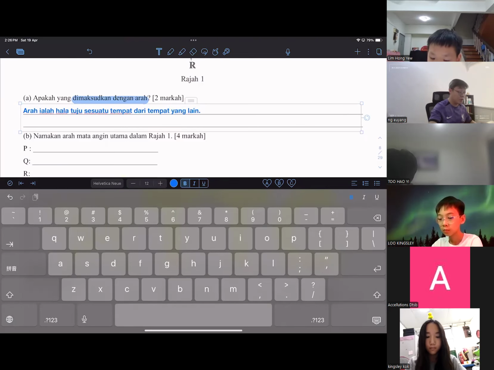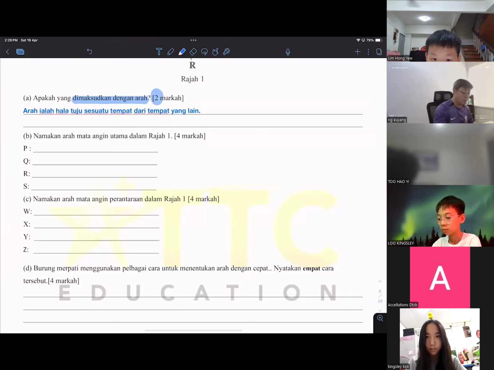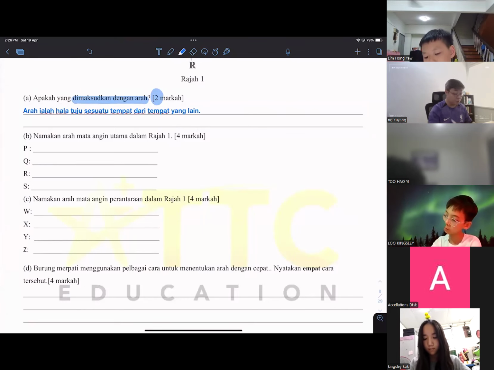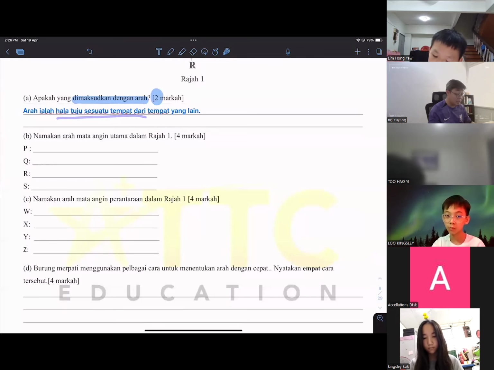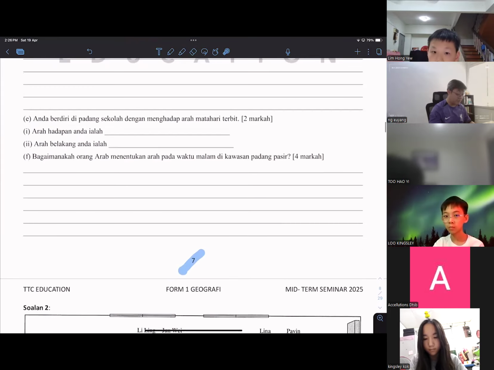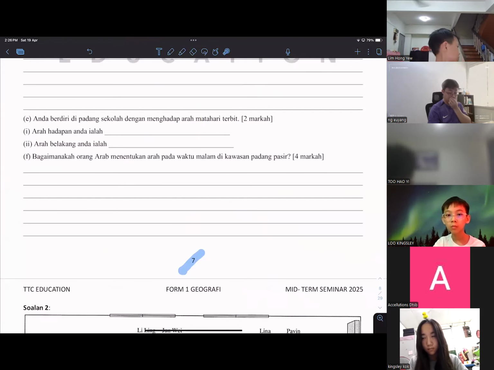So guys, the question is going to be answered for a full 2 marks, right? Just by this sentence is only 1 mark. Anyone can identify what page this is? Page 7. Carson, page 7.